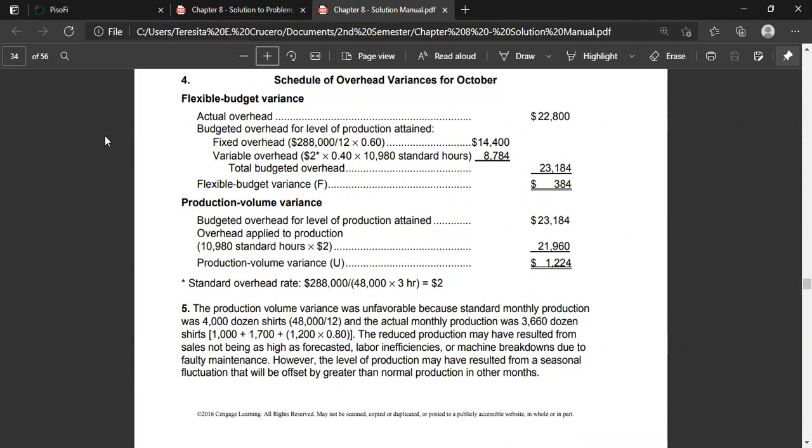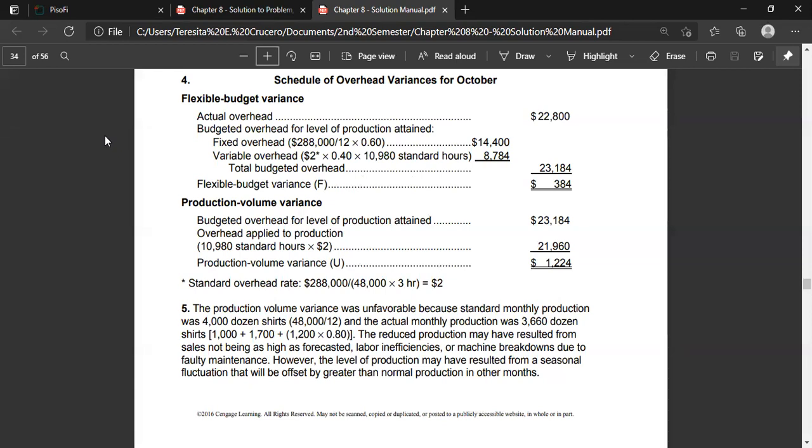We divide it by 12 and multiply by 60. So it's 14,400. The variable overhead is that division by 12, or you can use 288 divided by 12 times 60.